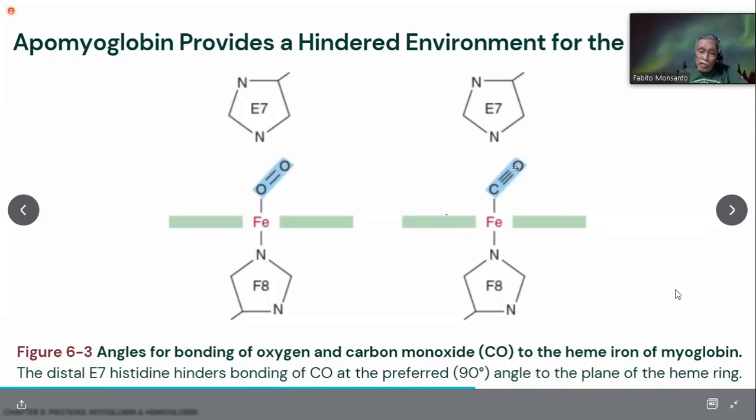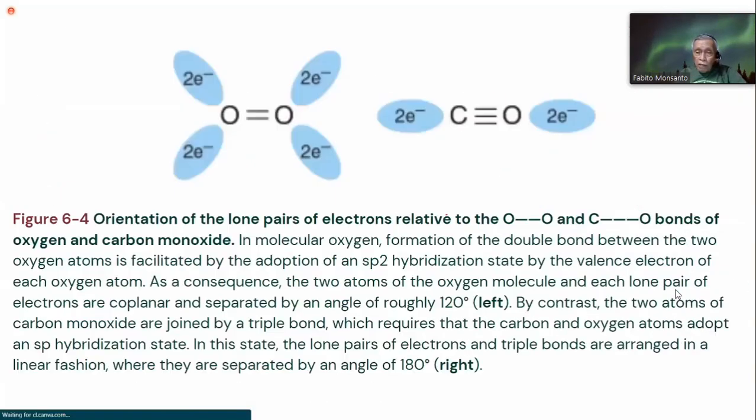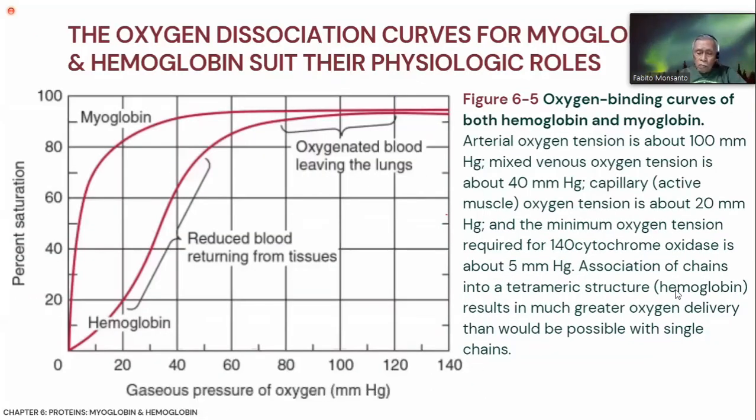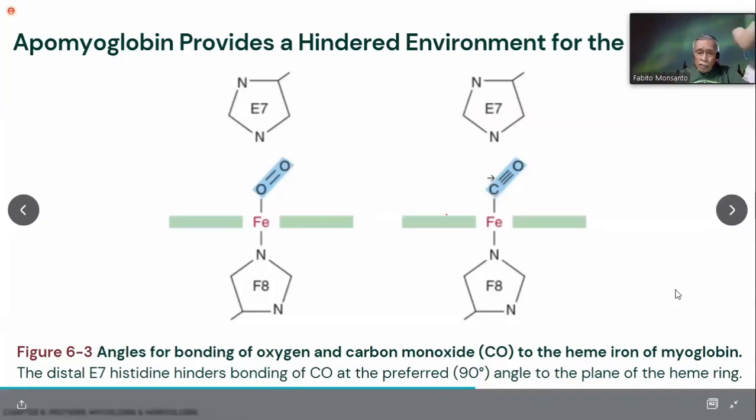So this type of bonding here, where it is not 90 degrees, which is 90 degrees to the heme there.